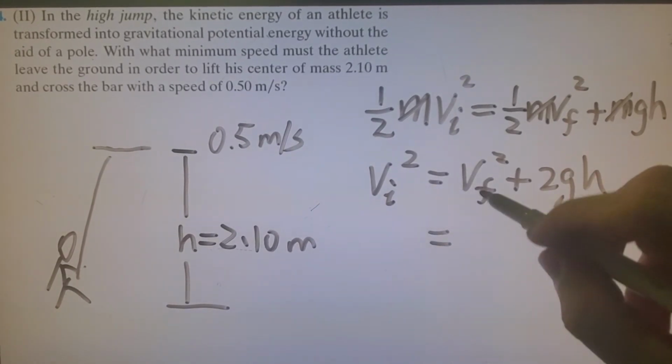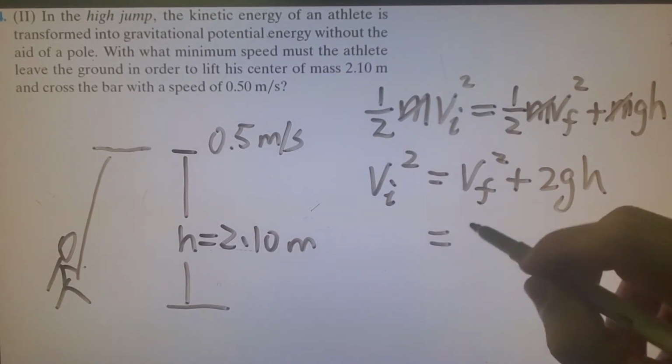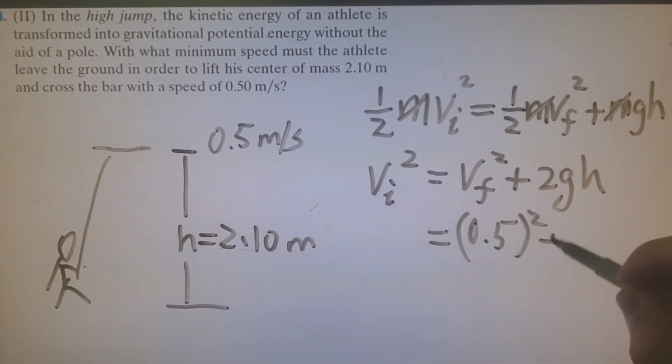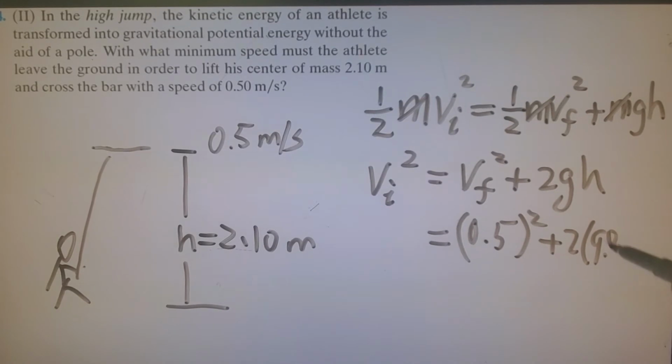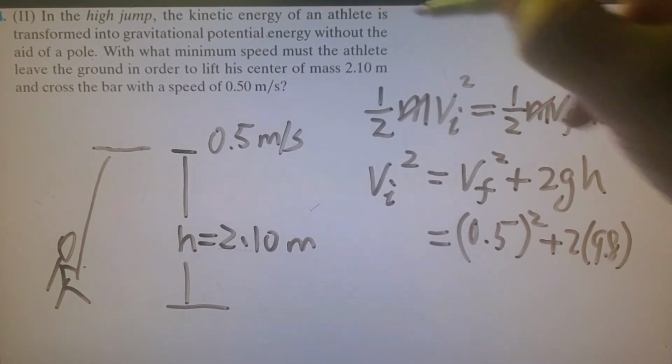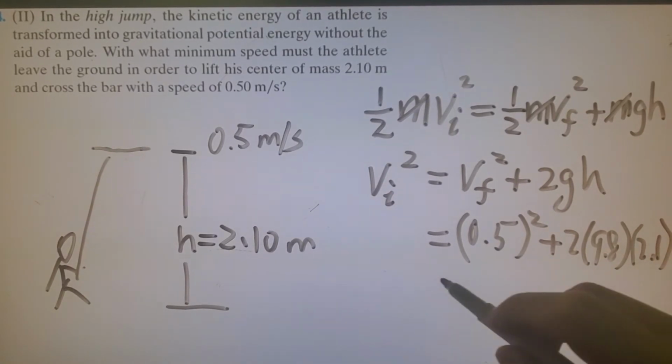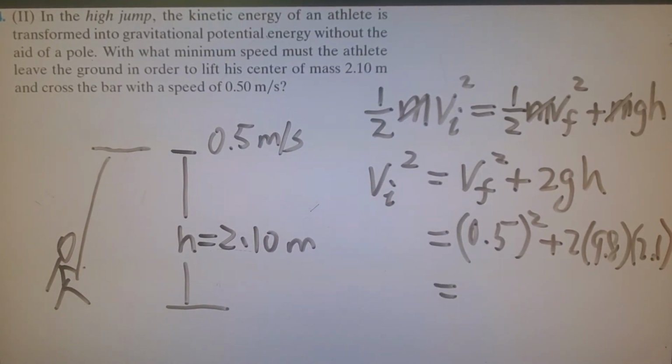V initial squared equals 0.5 squared plus 2 times 9.8 times 2.1. Then take the square root.